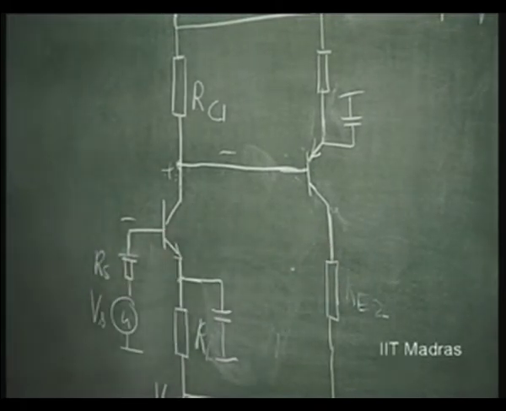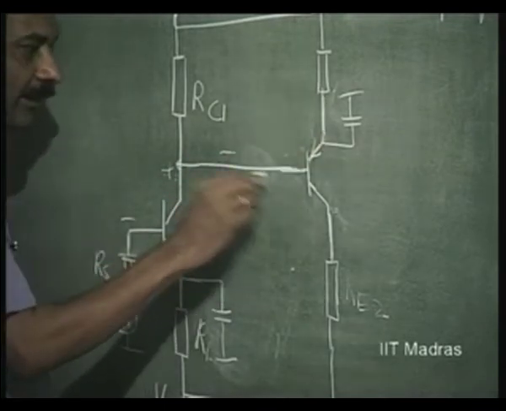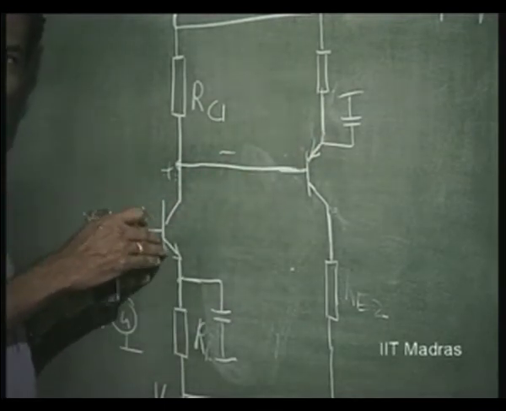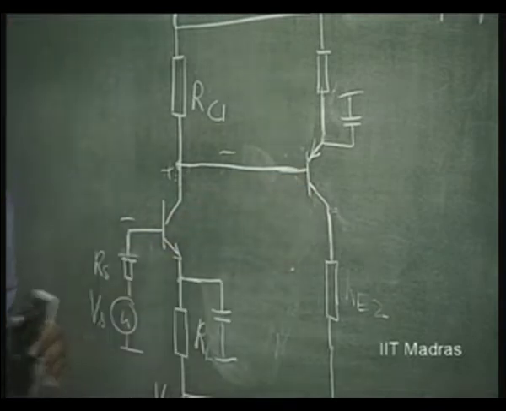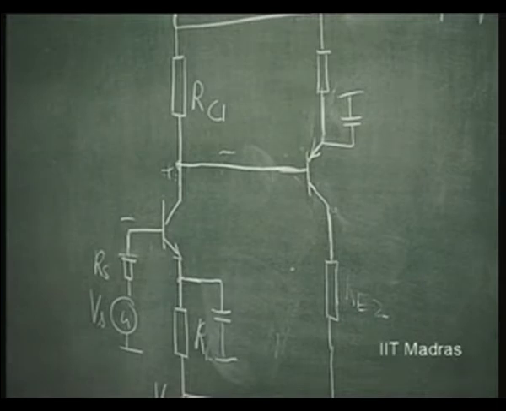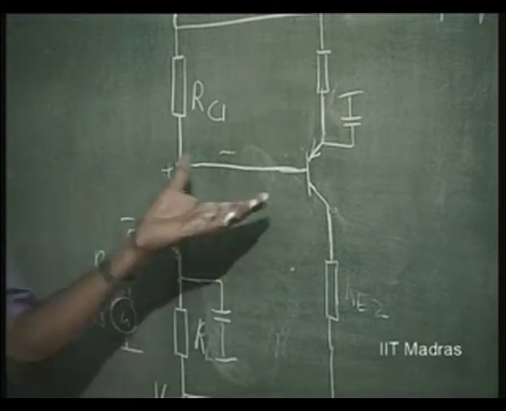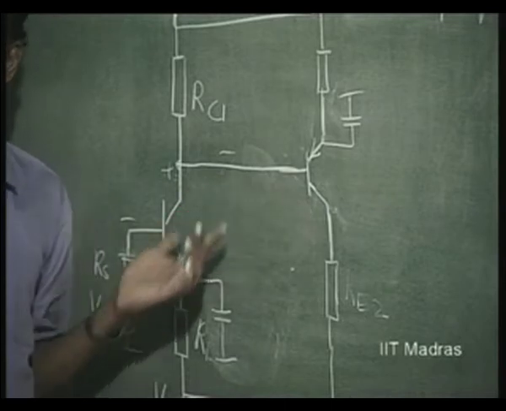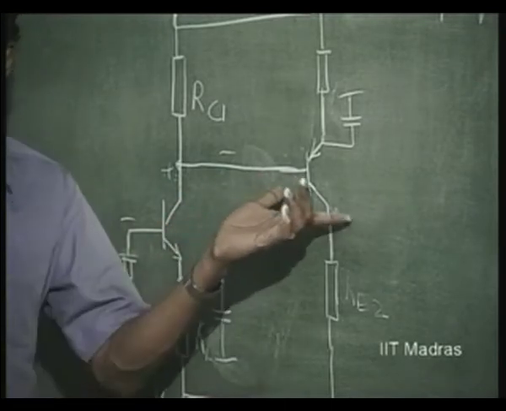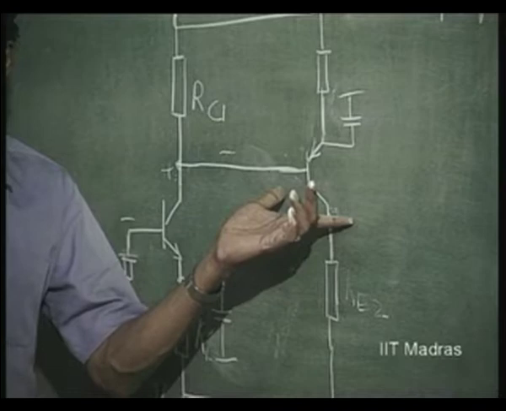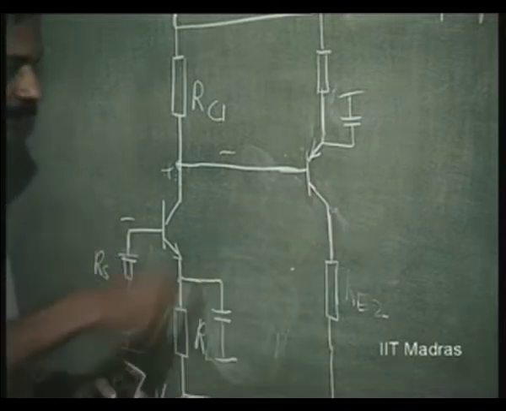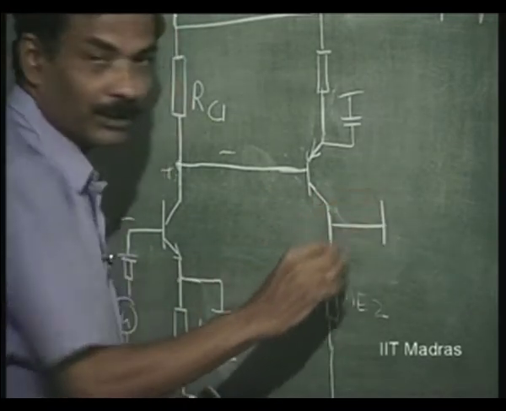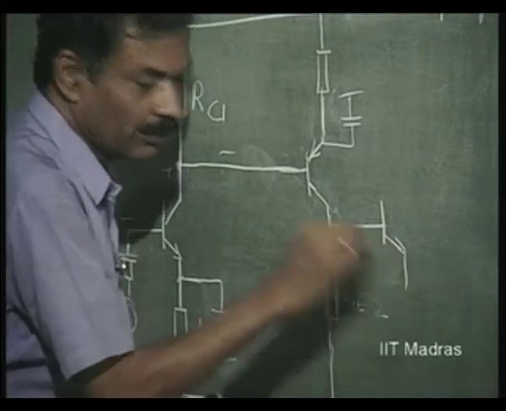So you can now see that by using NPN and PNP, this kind of complementary transistors, we can get rid of this problem of swing limitation for higher, later stages. We can avoid this because next again you will use NPN.